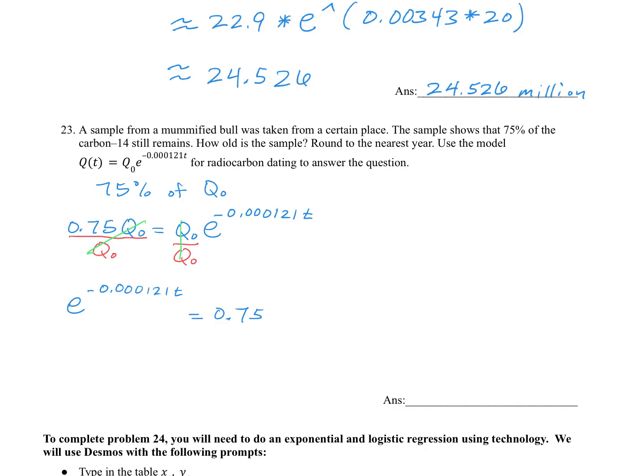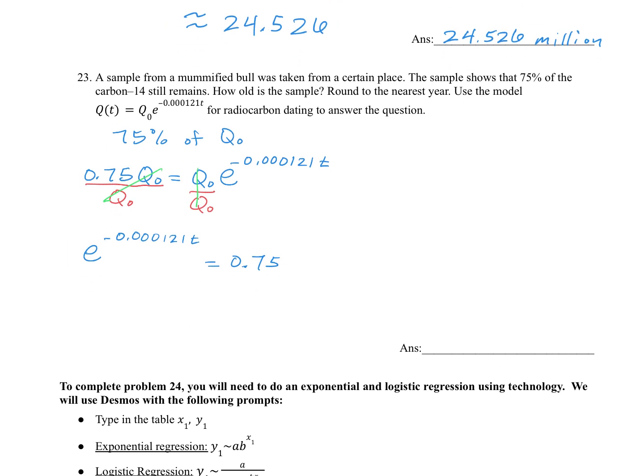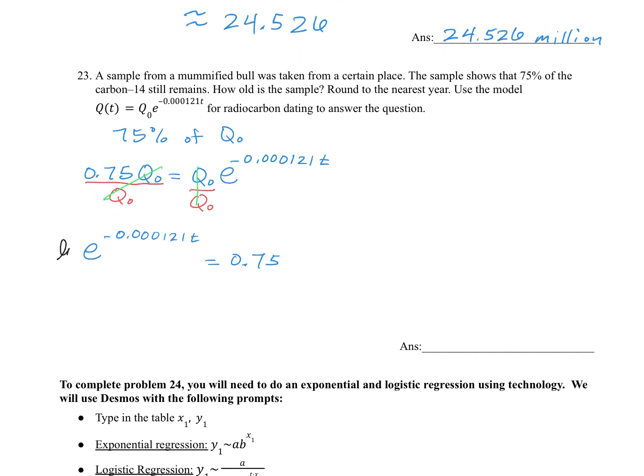And you're probably imagining what we do next. Yep, we're going to take the natural log of both sides again. So we're going to take the natural log of the left and the natural log of the right. Again, inverses. We get negative 0.000121t equals the natural log of 0.75. To get the t all by itself, we once again divide.